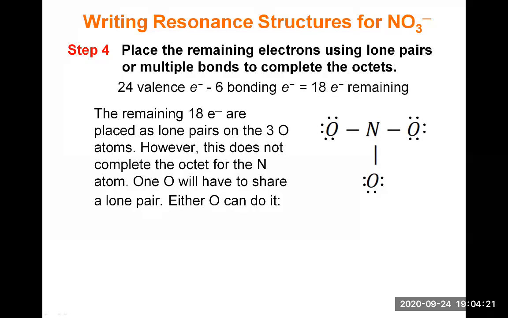So one of the oxygens will have to share a lone pair. And either oxygen can do it. It can be any of them. They are all similar in this case.